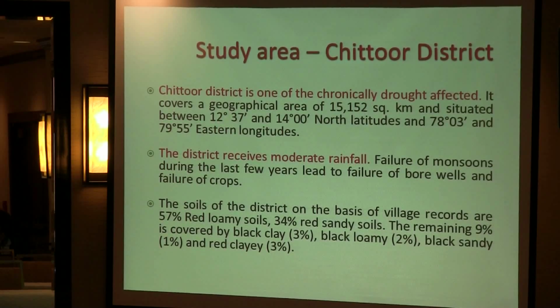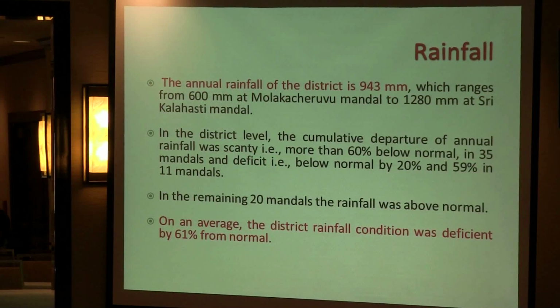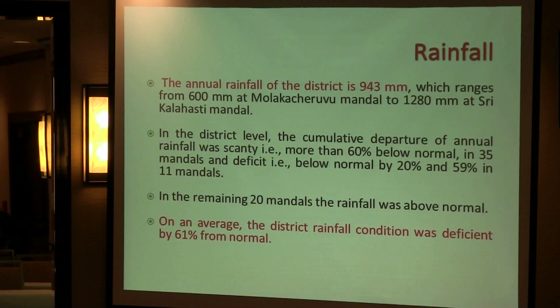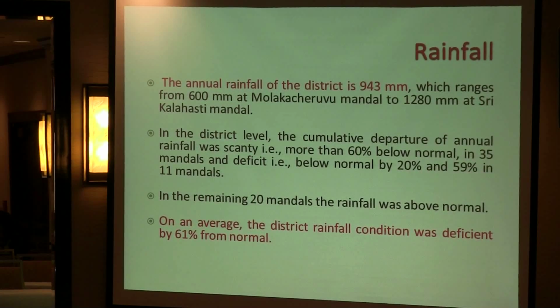The soils of the district are basically red loamy soils and red sandy soils, and in a very small area, about 9%, there is black cotton soil and others suitable for agricultural purposes. If you study the rainfall pattern, you will find that the annual rainfall is only 943 mm, varying from 600 mm to 1280 mm across the district.